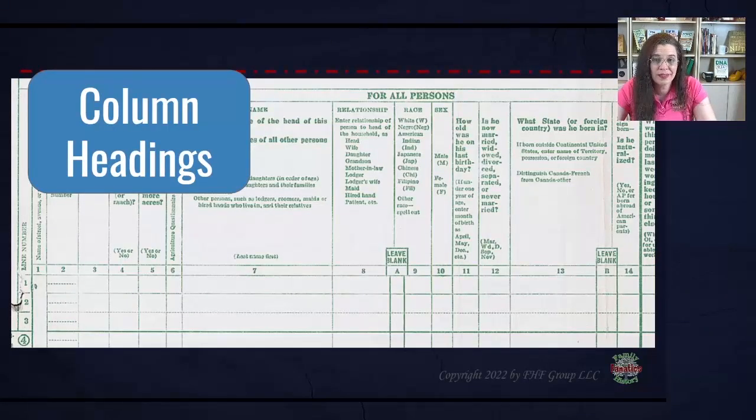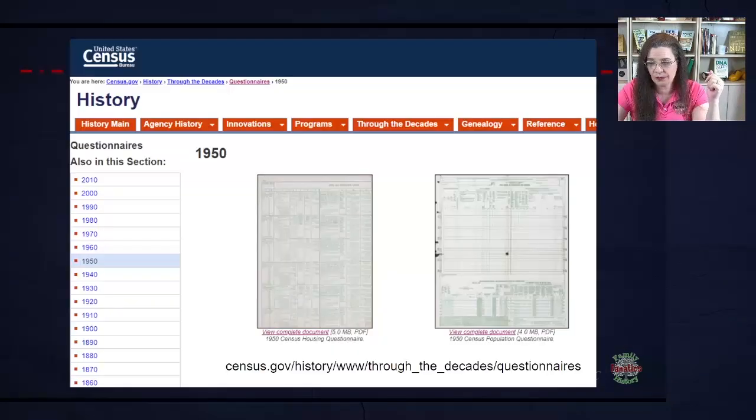Right now, since the census isn't out, in your handout, I've transcribed the column headings for you. Feel free to use that as a guide to prepare, or you can start making something for yourself, a blank form that resembles the column headings, or go over to census.gov and print off the blank form so you can really practice becoming familiar with the column headings before we start using the 1950 census.